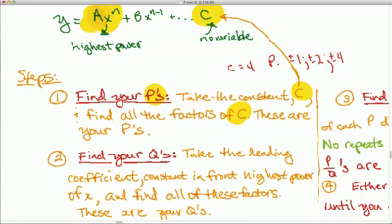Let's say A was 3, you would do the same thing basically. So A is equal to 3. You would have Q would be plus or minus 1, plus or minus 3.